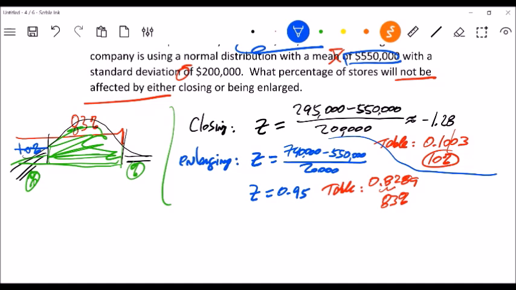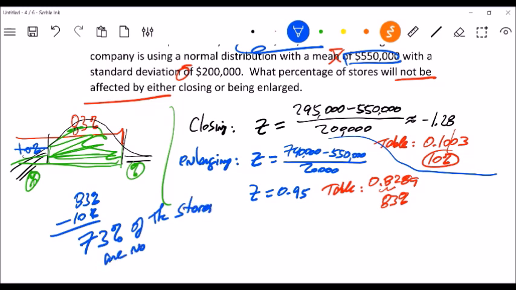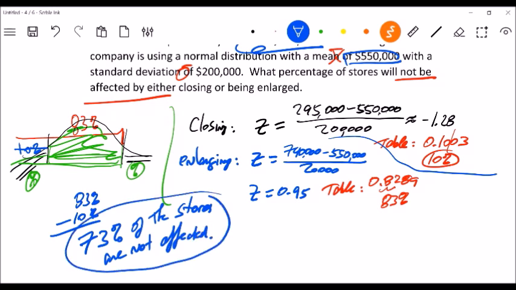So we just subtract 10 from 83. 83% minus 10% gives us 73% of the stores that are not affected. So it looks like 10% of the stores were affected by being closed, and 17% above the 83 were being enlarged. They're doing pretty well.